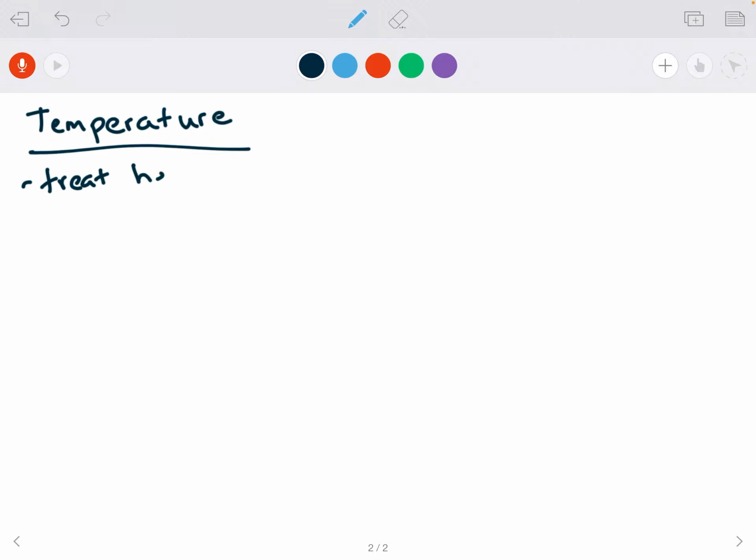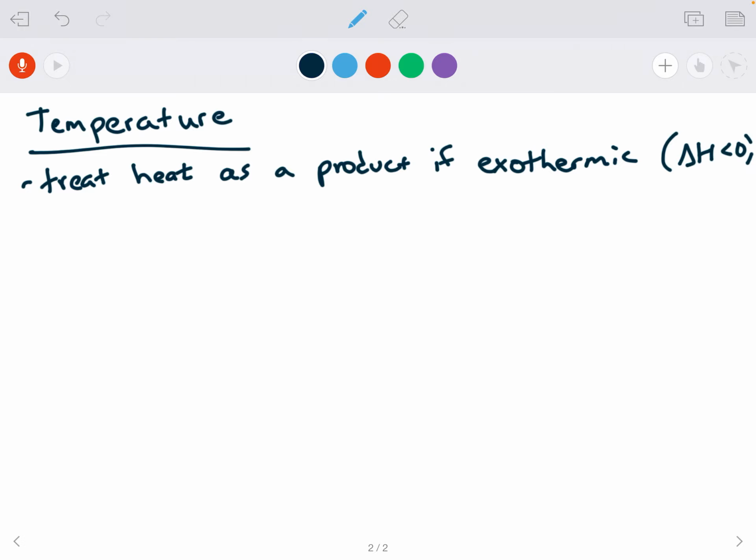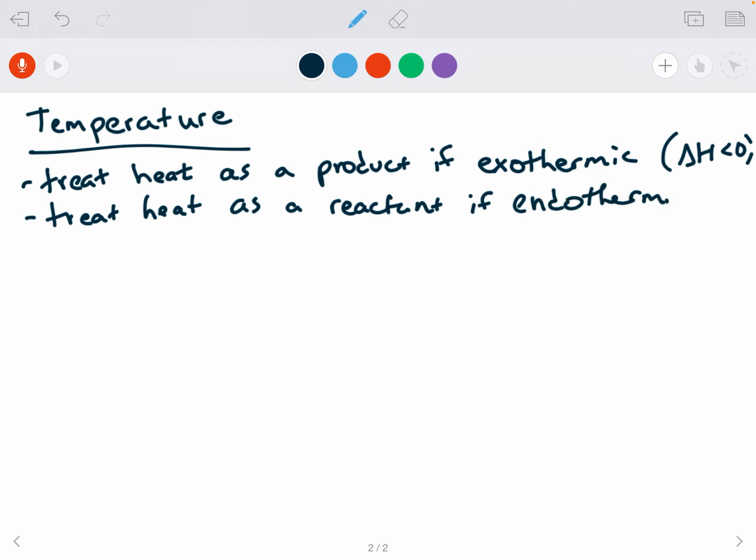You need to treat heat as a product if exothermic, so if the delta H is less than 0, and treat heat as a reactant if endothermic, meaning you're given a delta H of greater than 0.